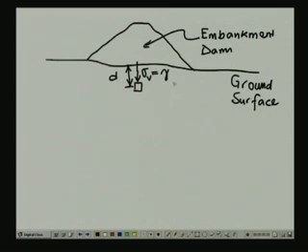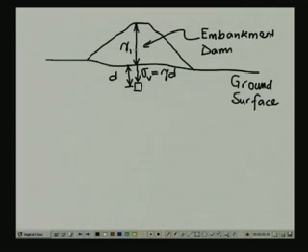So if you consider the unit weight of the soil column to be gamma, and the depth from the ground surface, before the embankment dam was constructed, that was gamma d, then after the dam is constructed, roughly you will also have to include the weight because of the material used in dam construction as well.